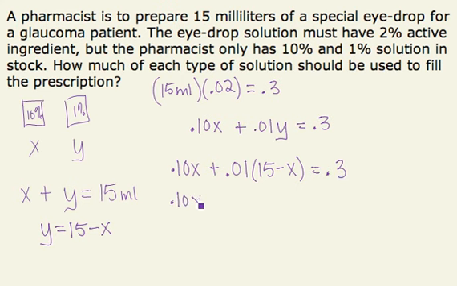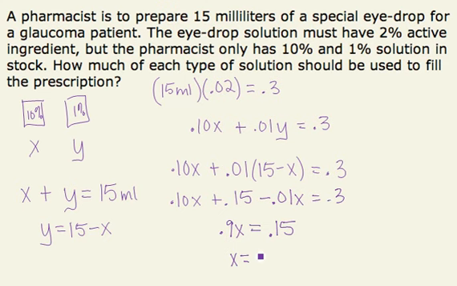Solving this equation then, 10% of X plus distributing this out would equal 0.15 minus 0.01x equals 0.3. Combining my x's, I get 0.9x equals, subtracting 0.15, 0.15.